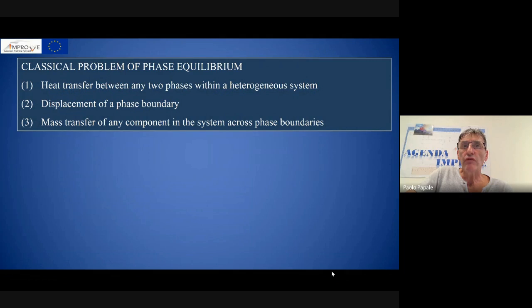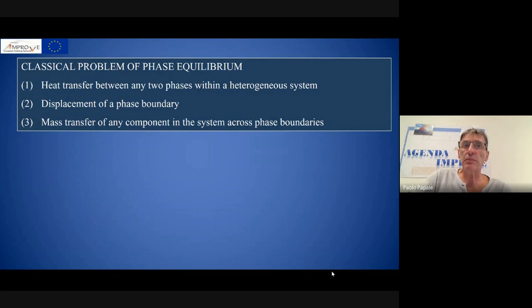Thus, flow of heat and associated heating or cooling, expansion or contraction of the system that we refer to as displacement of phase boundaries, or flow of mass away or into the system or across parts of it, such as across different phases. All of these are diagnostic of non-equilibrium. Conversely, when equilibrium is achieved, none of those macroscopic changes occur in the system.